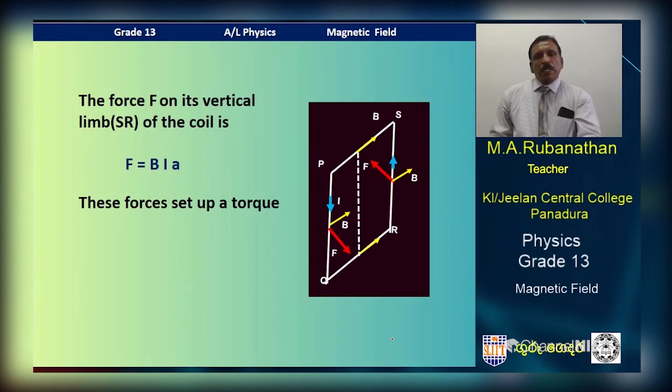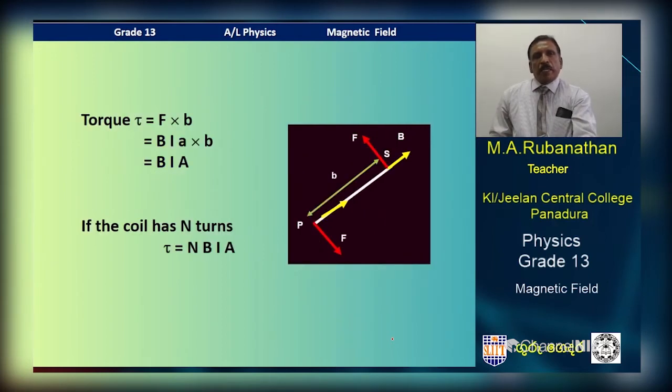Now here, see how it acts. So tau is now F into b. Earlier it was F into b cos alpha. Here, b is the perpendicular distance between these two parallel forces.